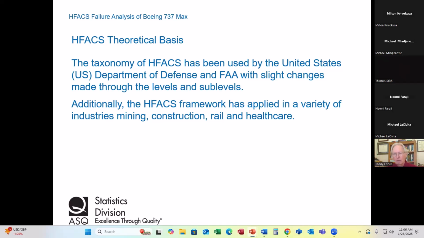The taxonomy of HFACS has been used by the U.S. Department of Defense, primarily the Air Force and the Navy, and it's also in use by the U.S. Army Air Corps and FAA with slight changes made through the levels and sub-levels, and we'll look at them in a slide or two. Additionally, the HFACS framework has been applied to a variety of industries, including mining, construction, rail, and healthcare. Healthcare has really picked it up if you look at the literature in the last 10 to 15 years.